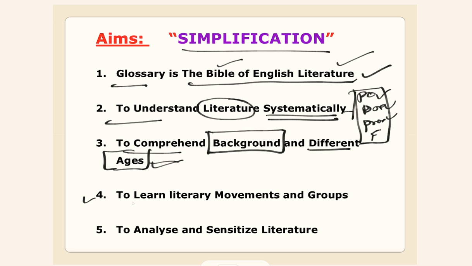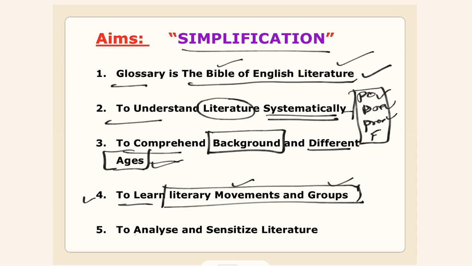And the next aim is to learn literary movements and groups. This is a very important concept in UGC NET, SLET and all recruitments on the basis of literature. Literary movements are clearly described and discussed in this book, and I have tried to convey them to you in a simple manner.